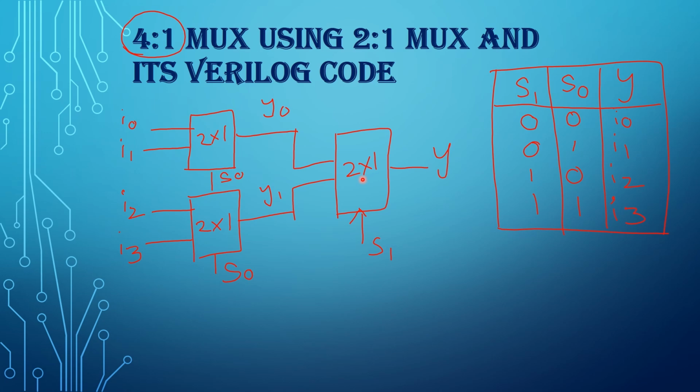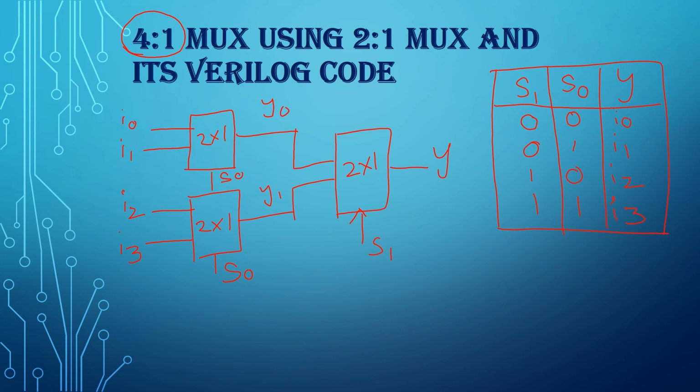The third 2x1 multiplexer selects one of the two output signals from the previous multiplexers, that is Y0, Y1, based on the control signal S1. By combining these three 2x1 multiplexers, we can create a 4x1 multiplexer that can select one of four input signals, that is I0, I1, I2, I3, based on the two control signals S0, S1.